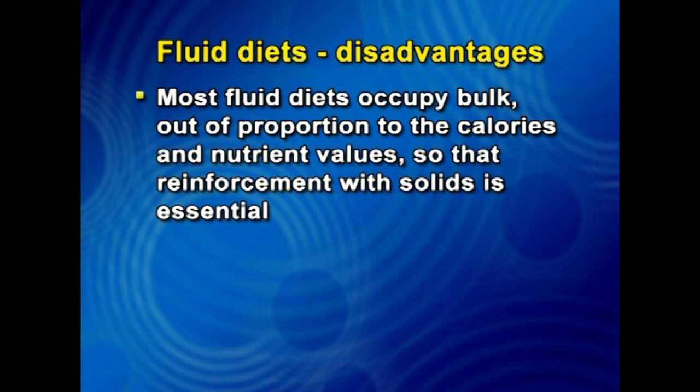Most fluid diets occupy bulk out of proportion to the calories and nutrient values, so that reinforcement with solids is essential. If you are giving a fluid diet, it fills the stomach, but it does not provide the necessary amount of energy and all other nutrients.